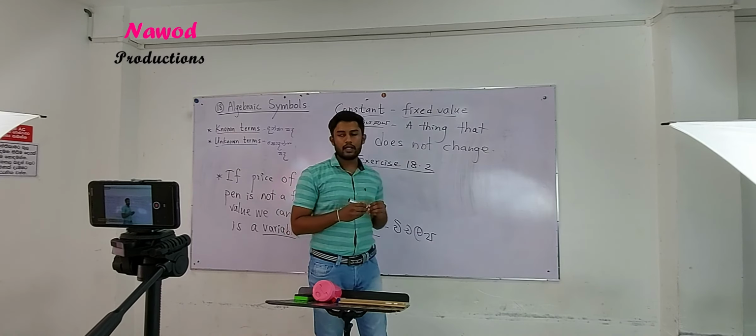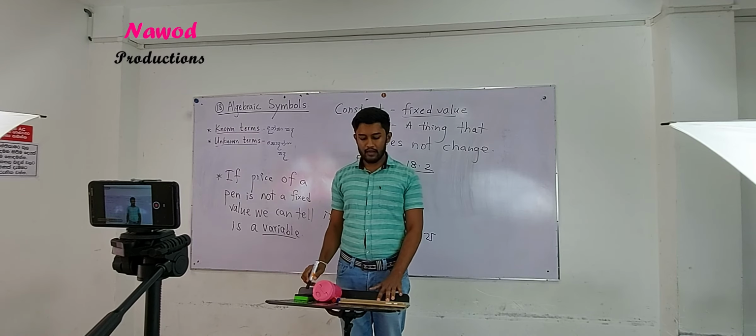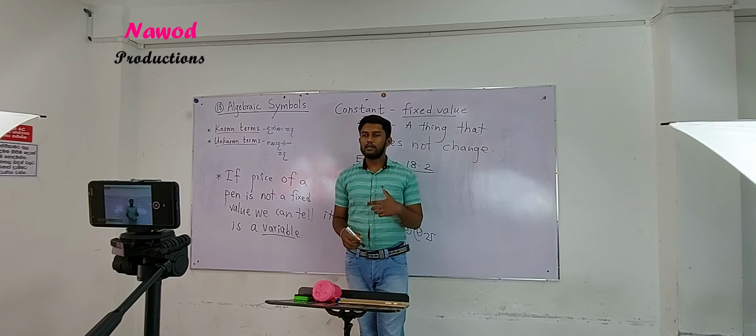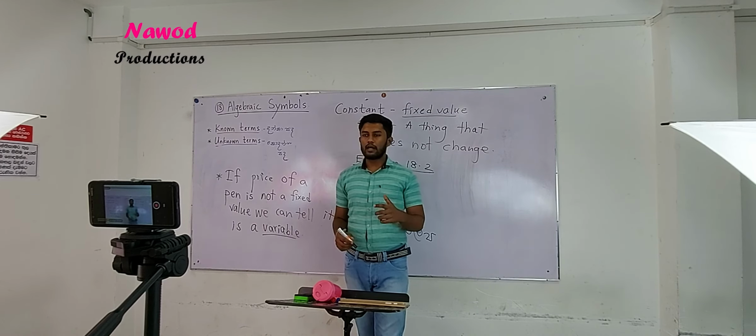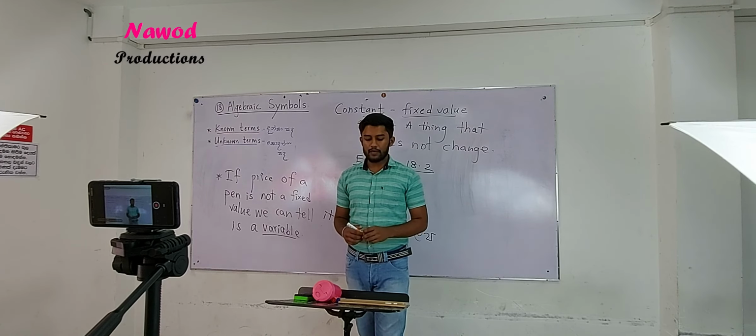I think you already have your textbook with you, right? One by one I am discussing. If you don't have the textbook with you, you can listen to me and jot down the answers one by one, right? Write down whether each of the following is a constant value or a variable.